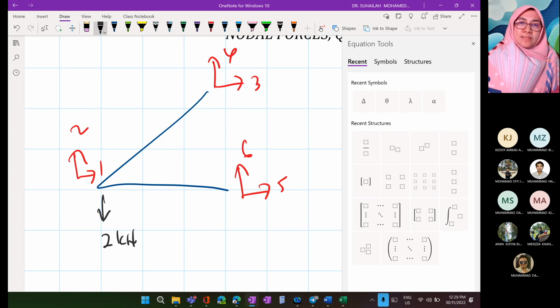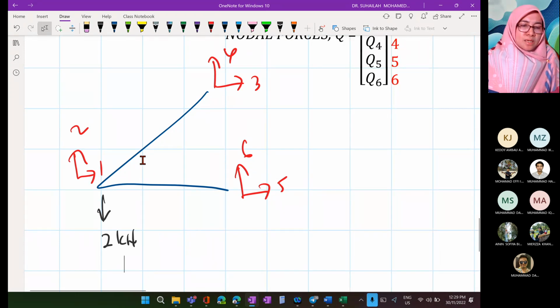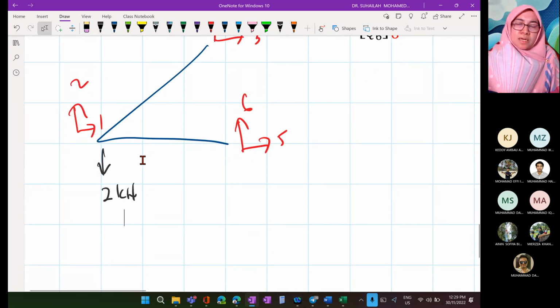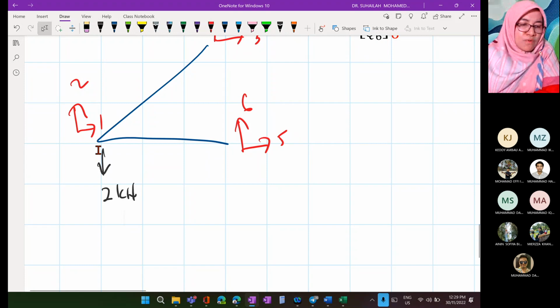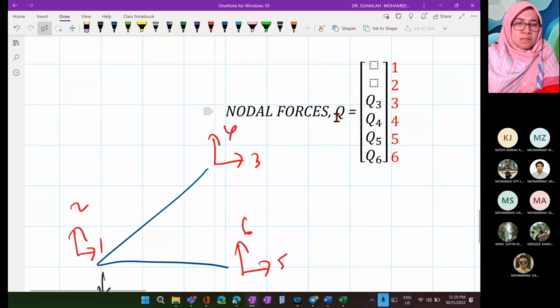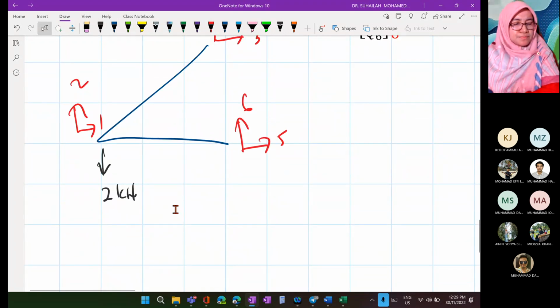Okay, so what is the meaning of Q1 until Q6? Who can read it for me? Based on your understanding, what is Q1? Q is forces. So what is Q1 actually?